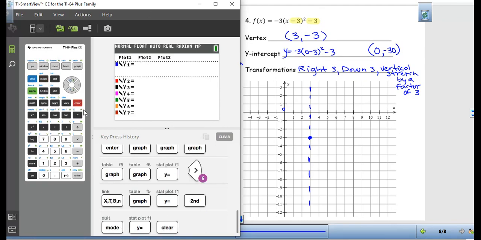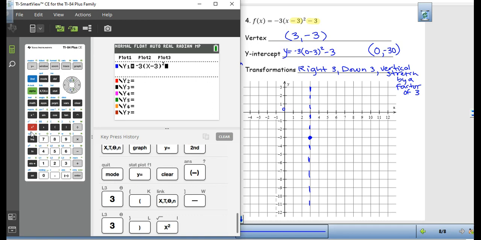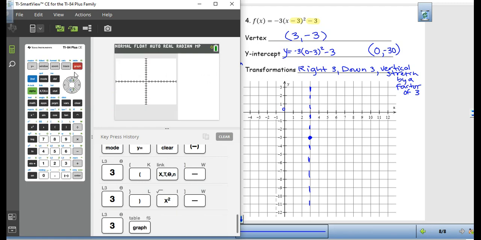Clear out any previous graphs that you have on your y equals, and let's enter our equation up here at the top. So I've got -3, parentheses, x minus 3. Don't forget to square your parentheses, and then do a -3. We can go ahead and graph this.